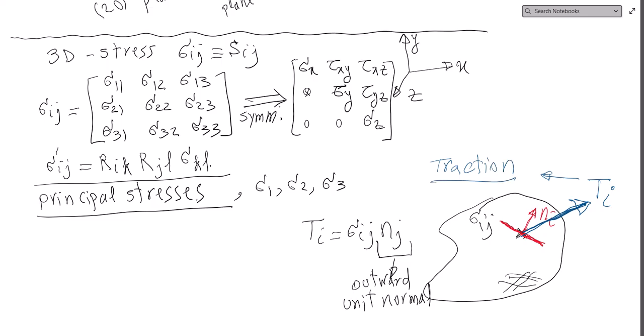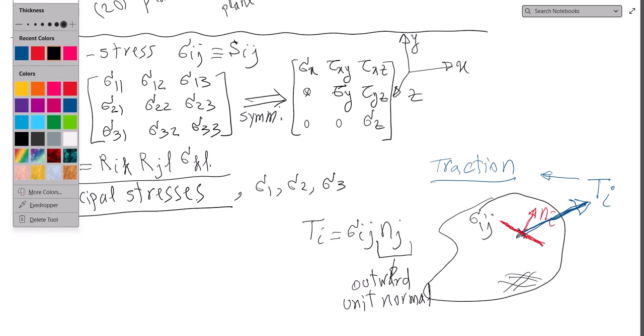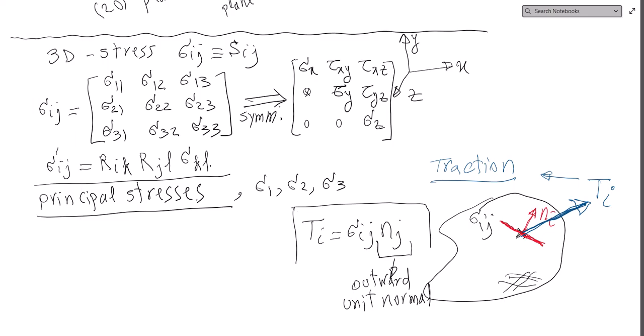This is the so-called Cauchy's formula: if you have a stress acting on a point, considering this arbitrary point, and then you consider an arbitrary orientation of a plane, the traction on that plane is given by this formula that I'm writing here.